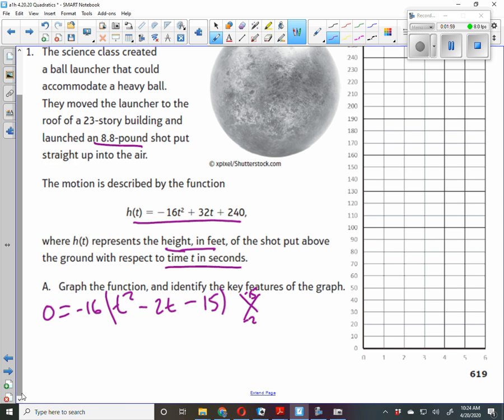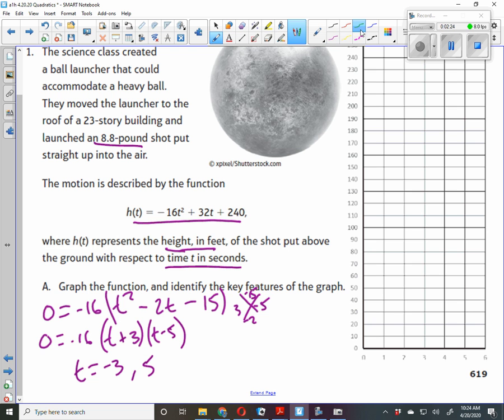Probably going to be 3 and negative 5, right? So 0 equals negative 16 times t plus 3 times t minus 5 tells us that t is equal to negative 3 and 5.